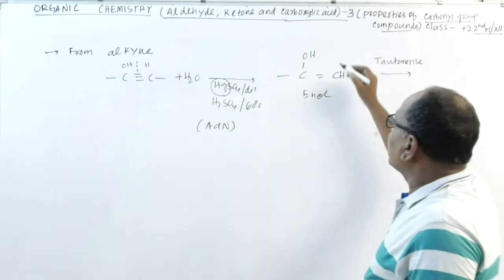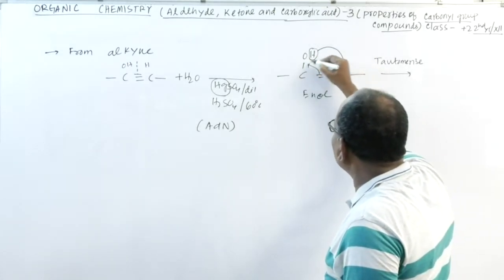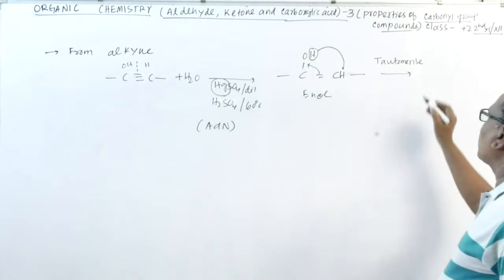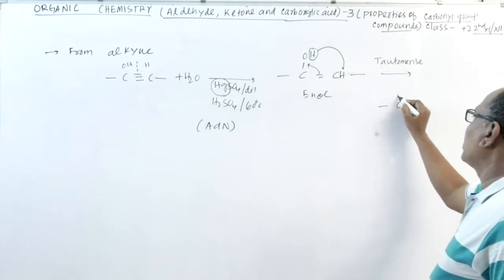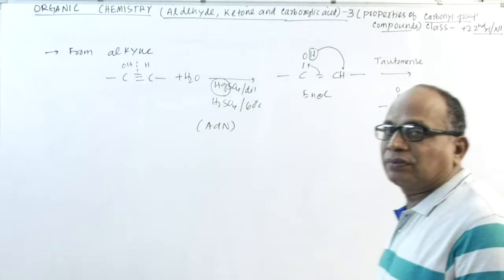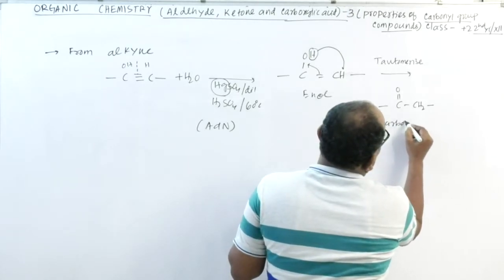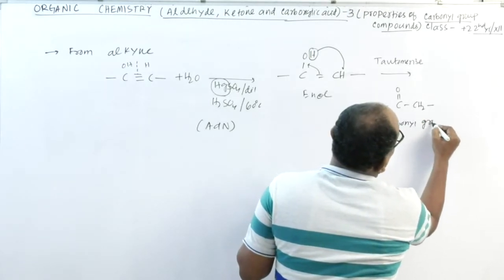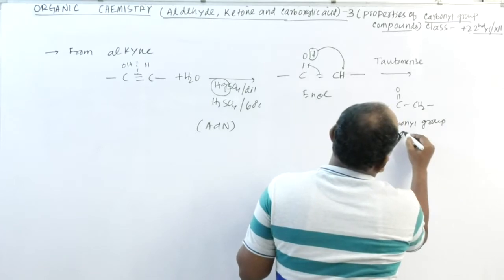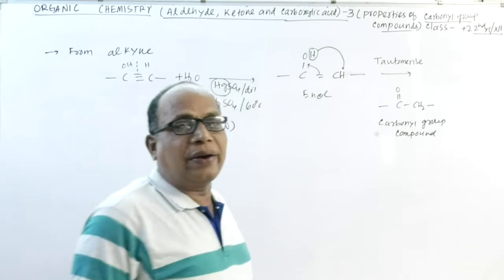What is tautomerism? This H will migrate here to CH2, this gives you a double bond. So it tautomerizes to give C=O with CH2. This is your carbonyl group compound. It may be either an aldehyde or a ketone.